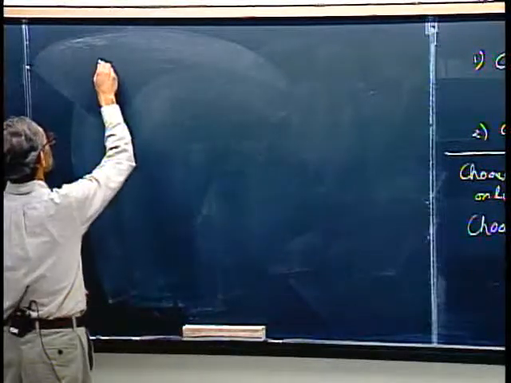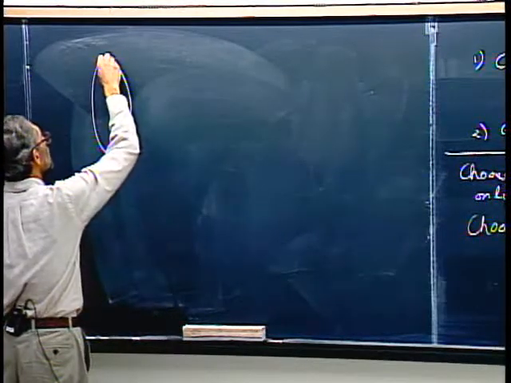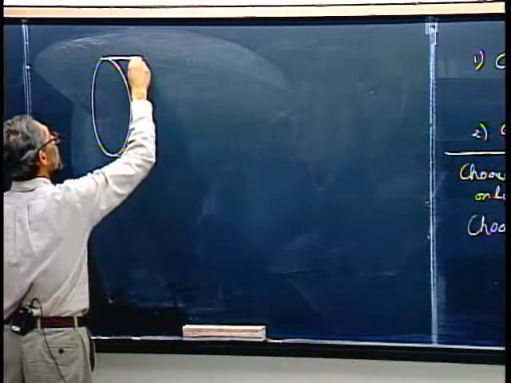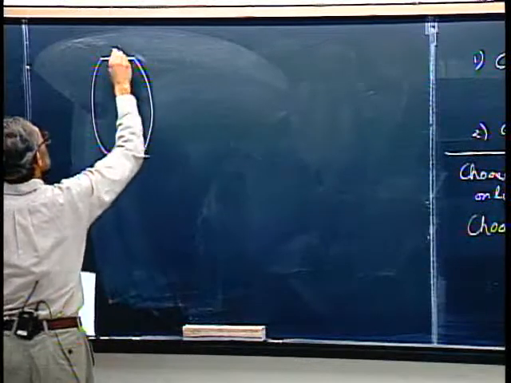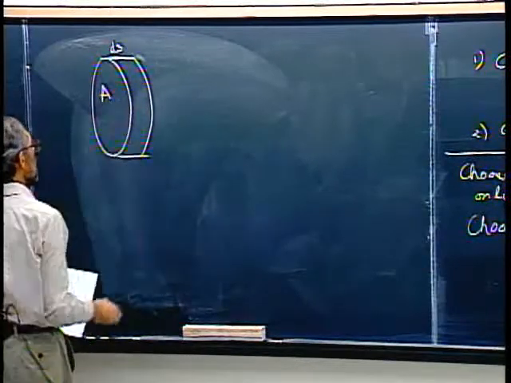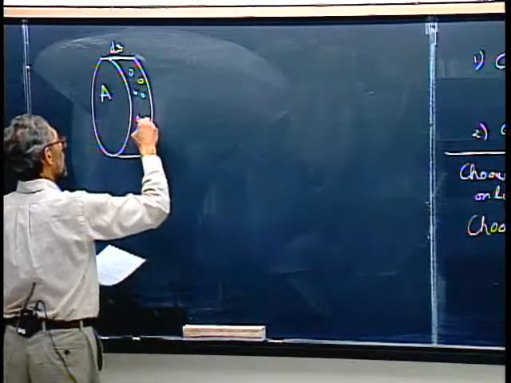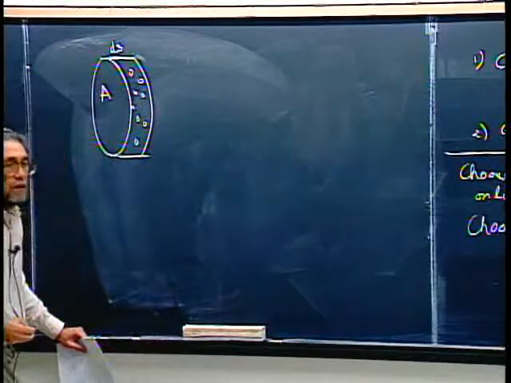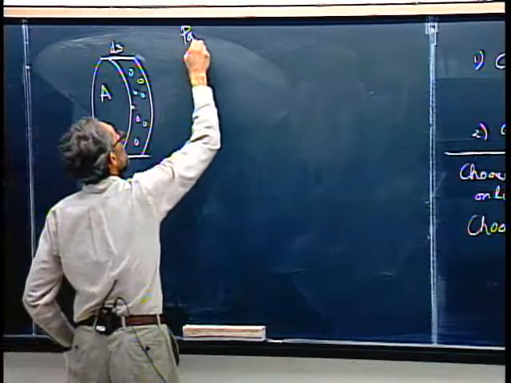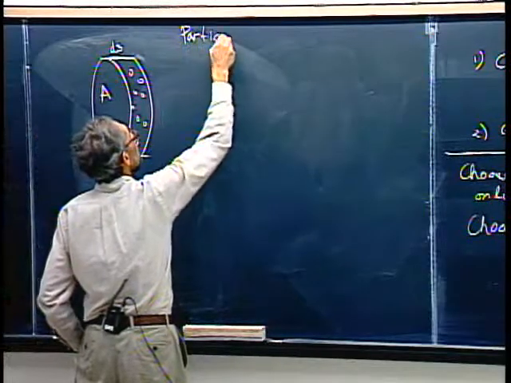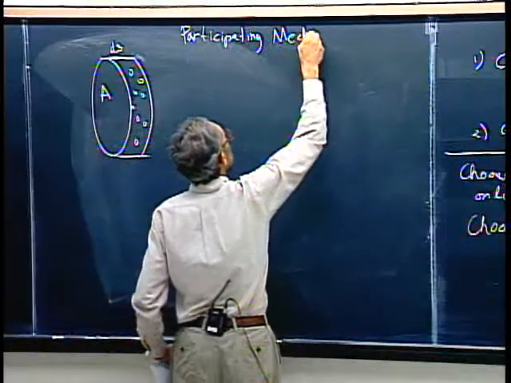But what I want to think about for a physical model is some sort of cylinder here with a certain width that I'm going to call ds and a certain area A. And I'm going to look at a bunch of little particles in here, like smoke particles. So this is for what we call a participating medium, or in plural, media.